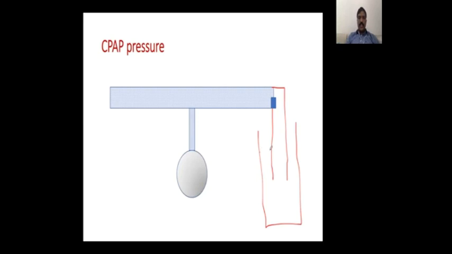Now this tube is inside water. Now the gas will flow like this. There is no obstruction here. So instead of this obstruction, I am trying to say we put the tube inside the water.